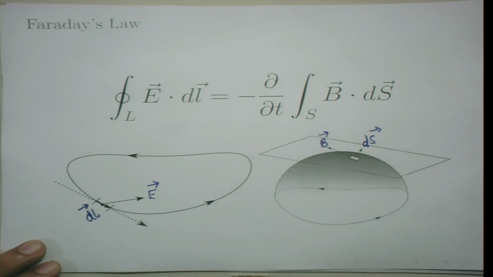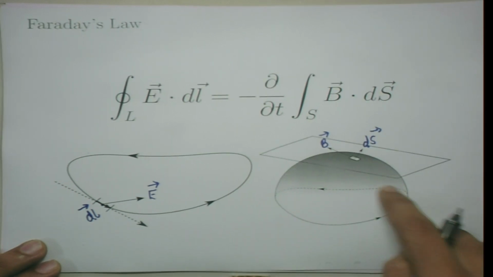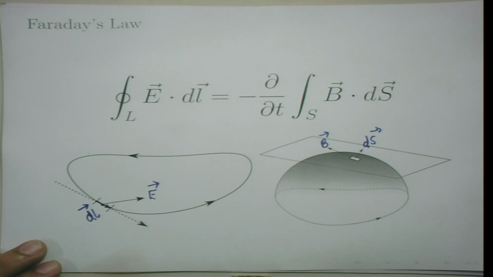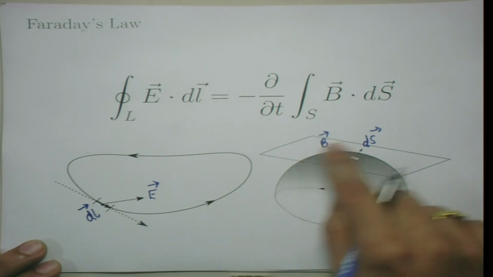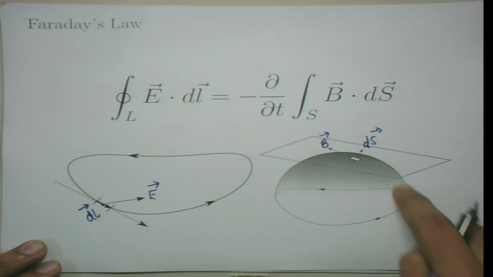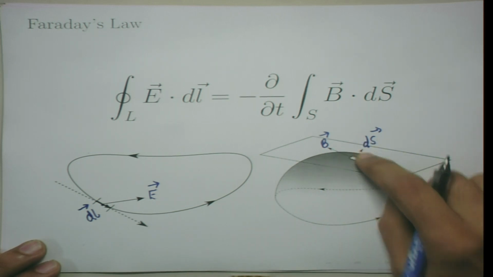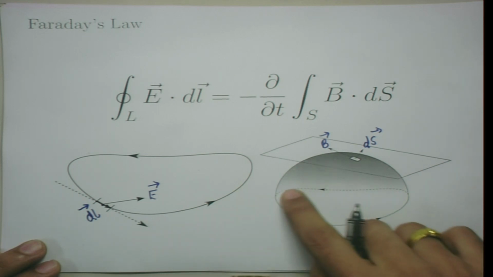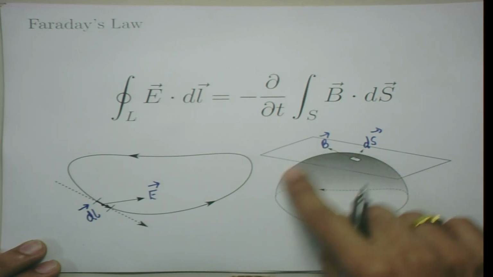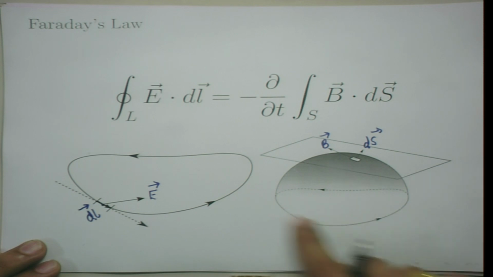It is evaluated over a surface which is bounded by this curve. If you take this curve, this is one of the surfaces bound by it, and you evaluate B dot ds only on this surface which is bounded by this curve.